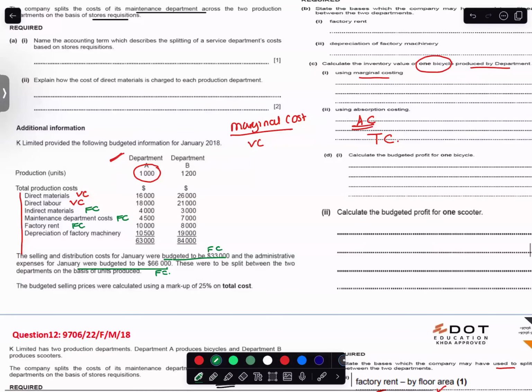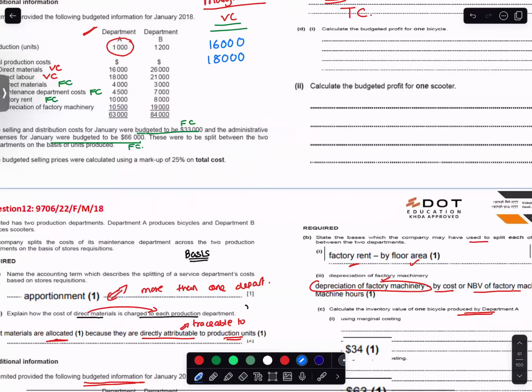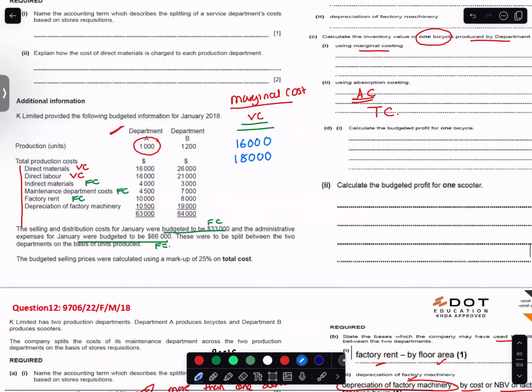Come on. Tell me, marginal costing. What is the total variable cost? 16,000 and 18,000. 34,000. 34,000 is for how many units?